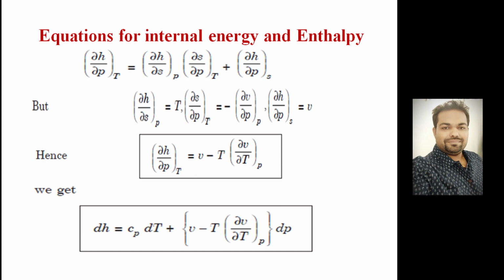Further, we also expressed the second TdS relationship in terms of Cp and both of these coefficients. And as a final expression, we expressed the TdS equation in terms of Cp/Cv as well as the coefficients of expansivity and compressibility. And then later on we derived the expressions for the change in internal energy and enthalpy. So these are the basic five derivations which we have covered for today, right?